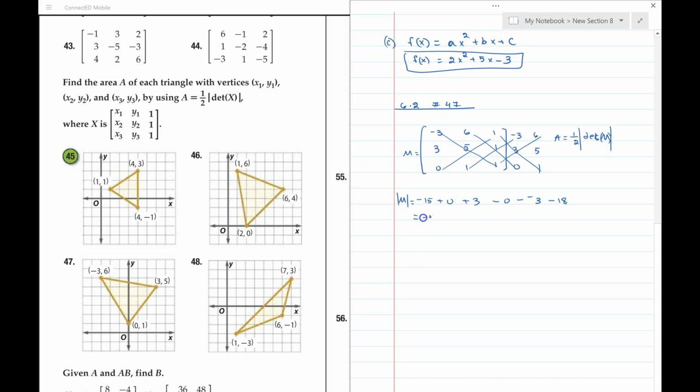So this is -15 plus 3 plus 3 minus 18. What is that? That's -15, another -15 is -30, -27. Area then is half of the absolute value of negative 27. So 27 over 2. How does that sound?